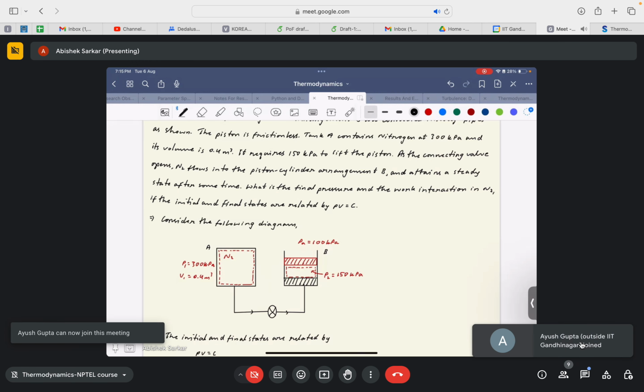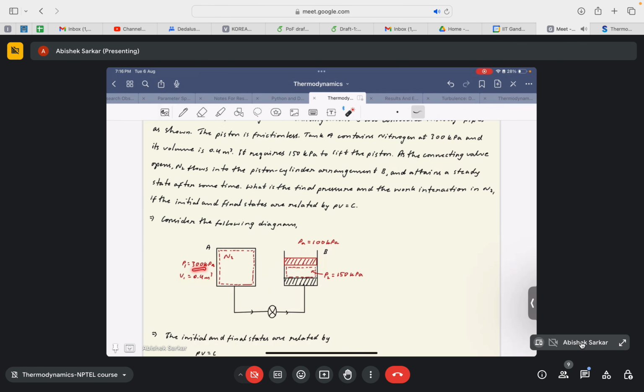Yes. So initially we have a system, a chamber that contains nitrogen gas, which has an initial pressure of 300 kilopascal and volume of 0.4 meter cube. Initially this piston was at the bottom of the piston cylinder mechanism. It is said that to lift this piston we need at least a pressure of 150 kilopascal. So once you open this valve, since the pressure here is zero, the nitrogen gas flows through these pipes and enters this piston cylinder mechanism.